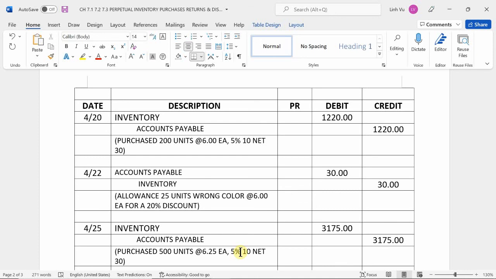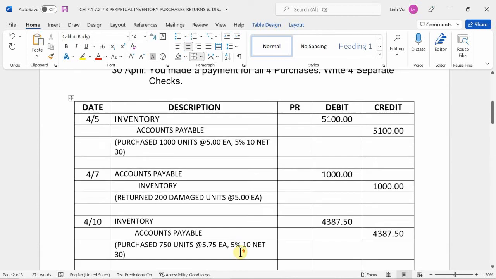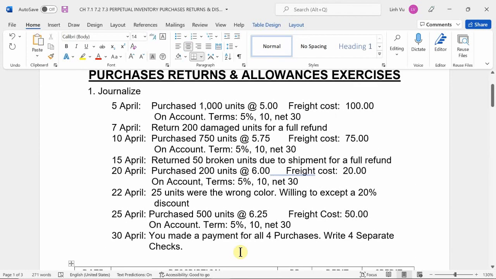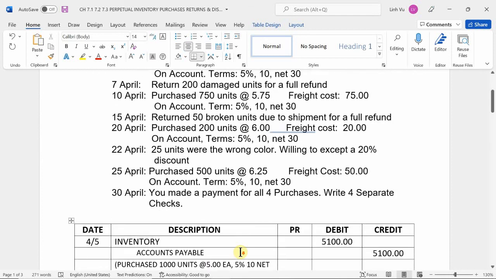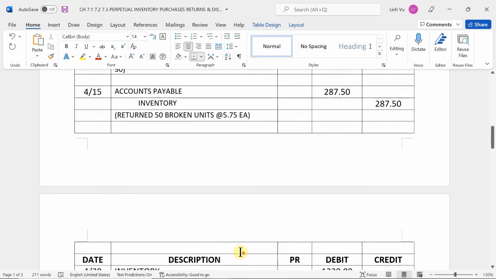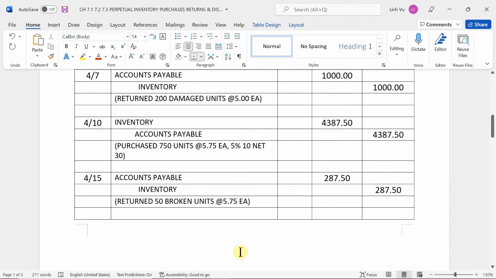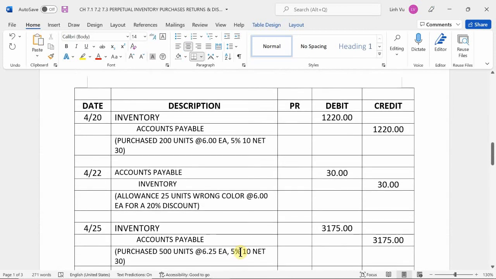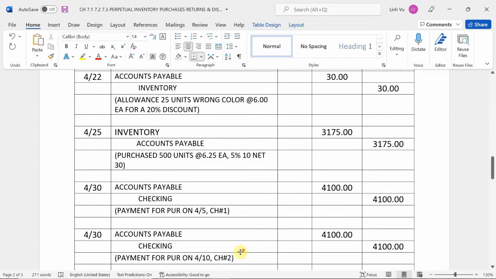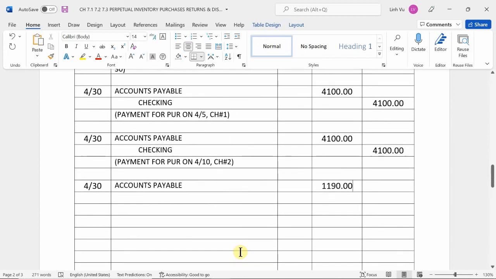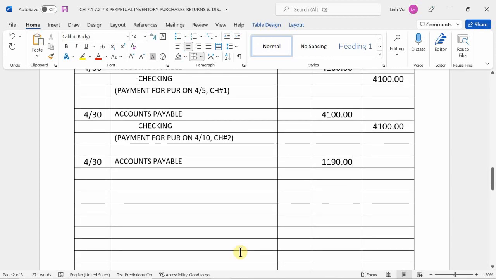Not $1,190. What does $1,190 include? The freight. How much is the freight? $20. So in this case, I have to subtract $20, so it would be $1,170. $1,170 is what you can discount.